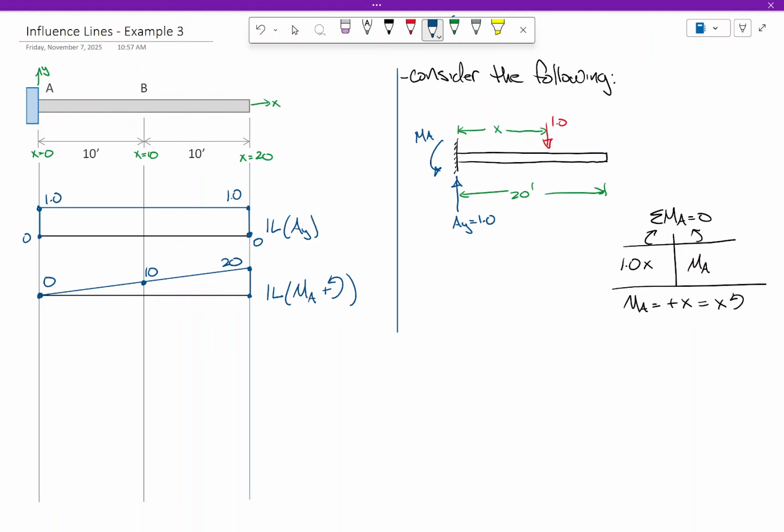Here's my cantilevered beam. Take this fixed support, turn it into a hinge, take that, move it through a unit rotation, right?